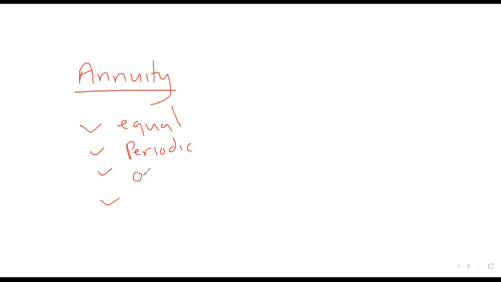If they're paid at the end of the period, they're called ordinary annuities. If they're paid at the beginning of the period, we call these annuity due. We have different types of examples of annuities. We have rentals, mortgage payments, insurance payments, salaries. These are examples of annuities.